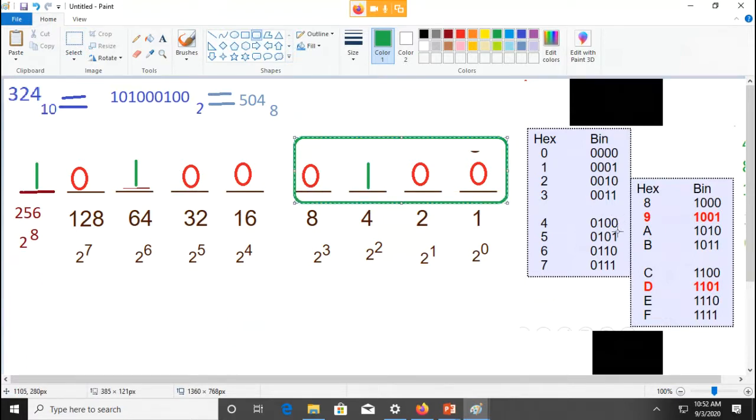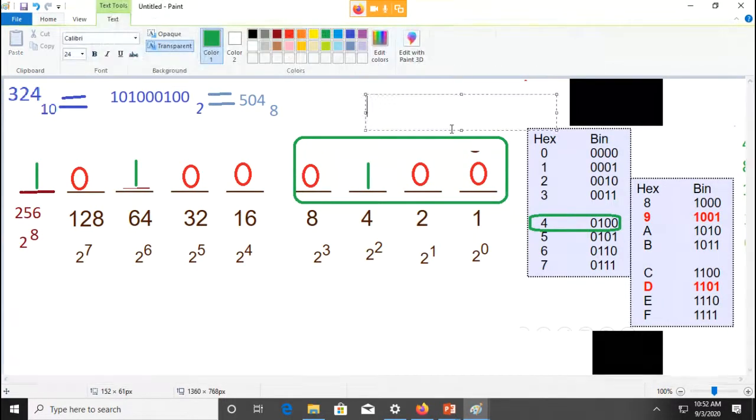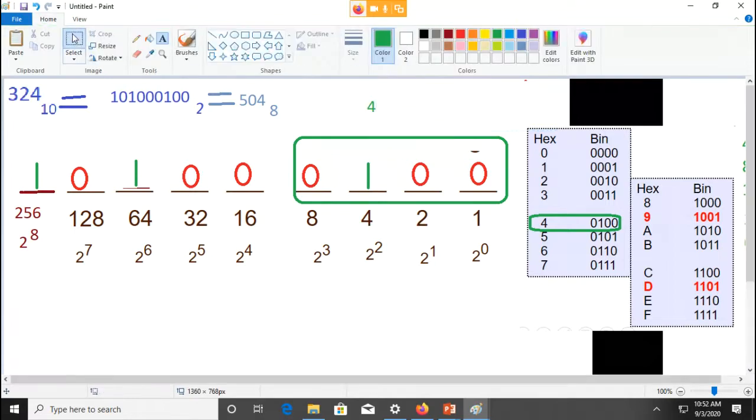You match 0, 1, 0, 0, which is the number 4.